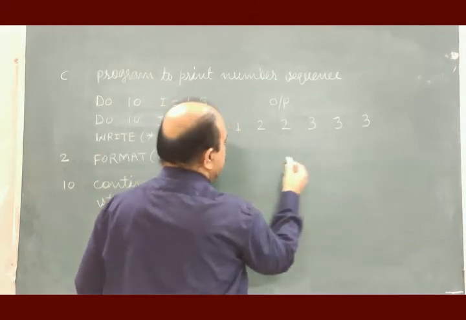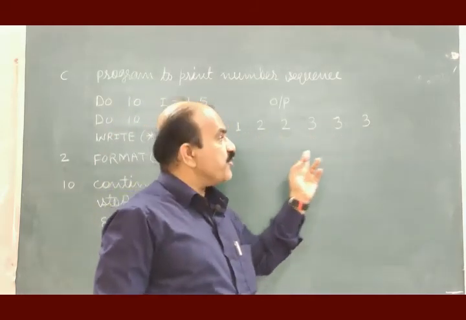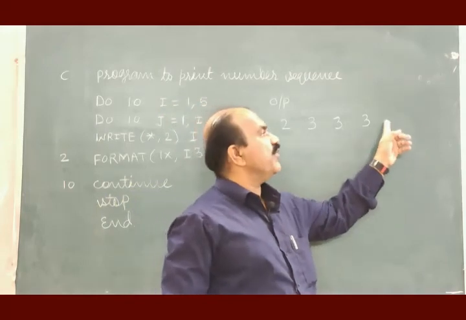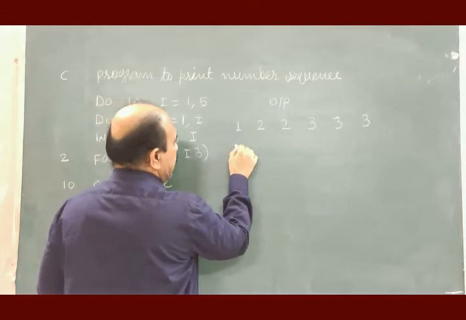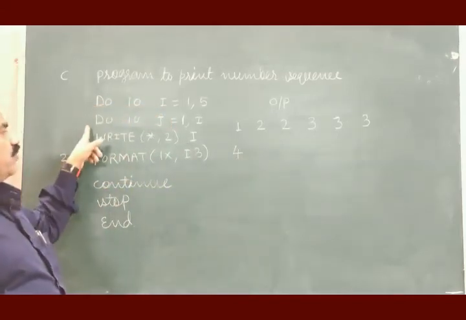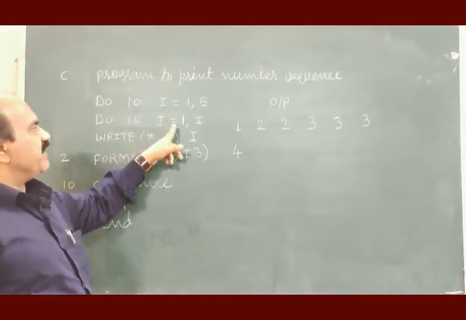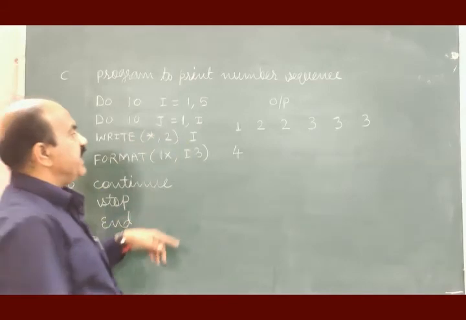Actually, the same line is to be continued for printing, but I don't have space here. So let me start from the second line. 4. Control goes back to the inner do loop. J incremented to 2. I is what? 4. 4 is printed.